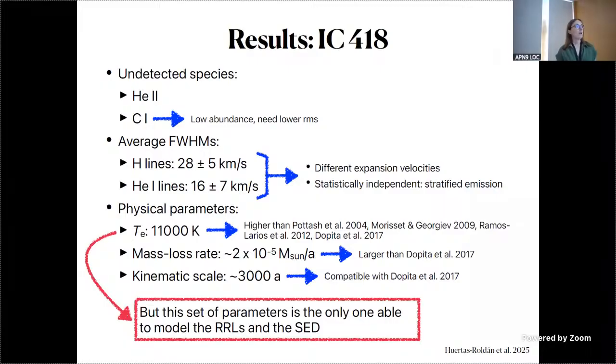Focusing on the physical parameters, all the parameters that we used in the model or are derived from the model fit very well with the previous works, except for the electron temperature. We had to choose this higher value than in previous works to fit both the set and all the set of radio recombination lines at the same time.